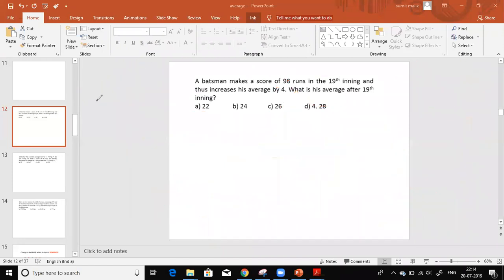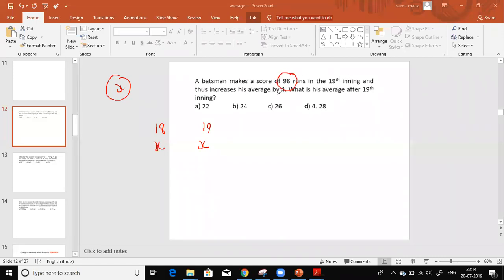Now, second method. Suppose innings 1, 2, 3, 4, up to 18, 19. First, I am assuming his average is X over the 19 innings. But what is happening? In the 19th inning, he is scoring 98 runs.